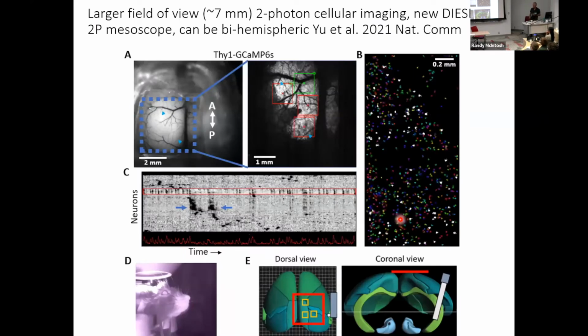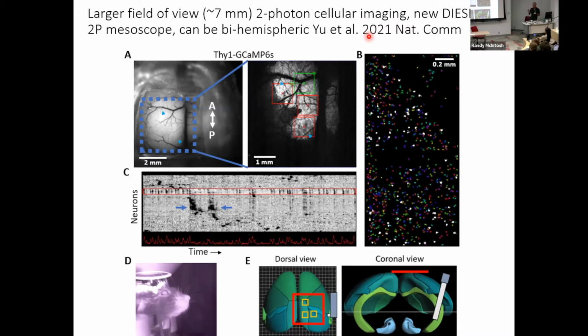So I mentioned this mesoscale wide field, sort of 70 micron resolution. A neuron is 10 microns across. So if you want to look at single neuron coding, we've very recently built, we haven't published anything on it, based on a design from Spencer Smith in Santa Barbara, a 2-photon mesoscope.